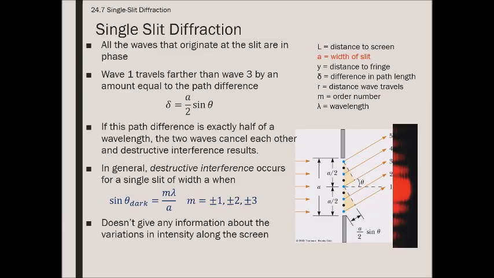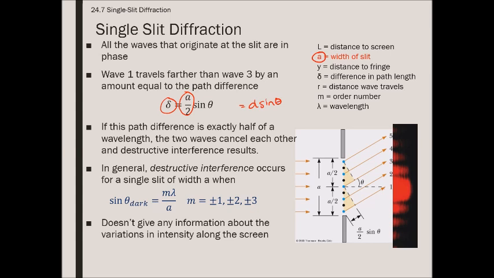Now mathematically, we have the same variables we did before, but now the d that was the distance between the slits is an a for the width of the slit. All the waves originally in the slit are in phase because we have a coherent monochromatic light source. Wave 1 travels farther than wave 3 by an amount equal to the path difference. This is the same delta we talked about, but now the path difference is a over 2 times the sine of theta, instead of what we had for double slit diffraction, which was d sine theta.